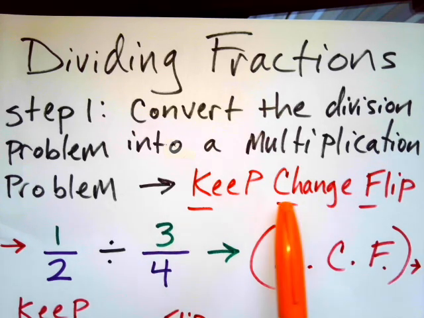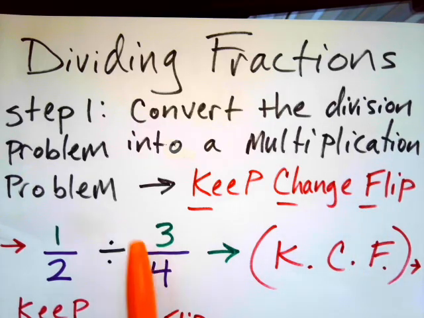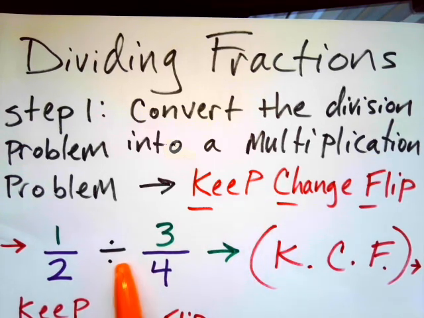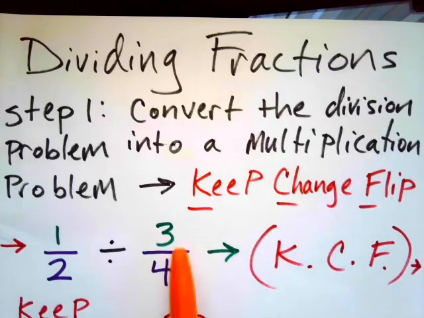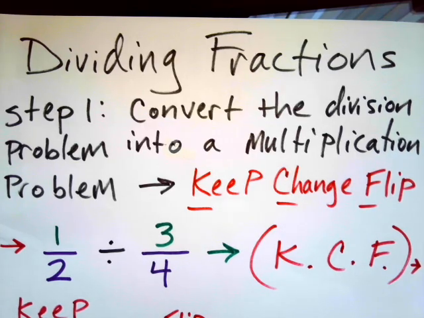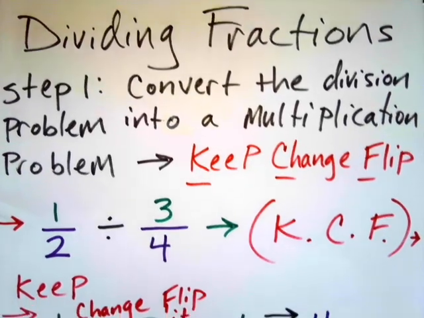We're going to keep, change, and flip these terms. We keep the first term just the way it is, 1/2. We change the division to multiplication, and then we're going to flip the fraction. 4 will be on top, 3 will now be on the bottom. It's that simple, and then you've turned it into a multiplication problem.